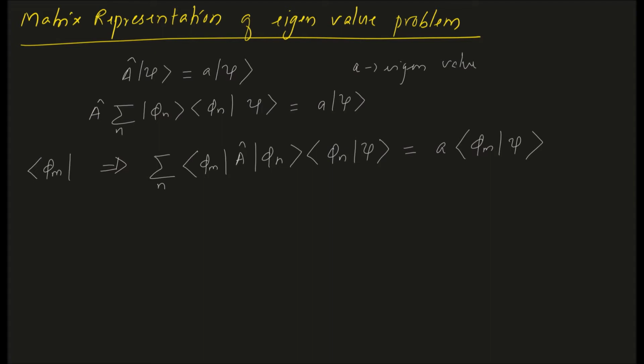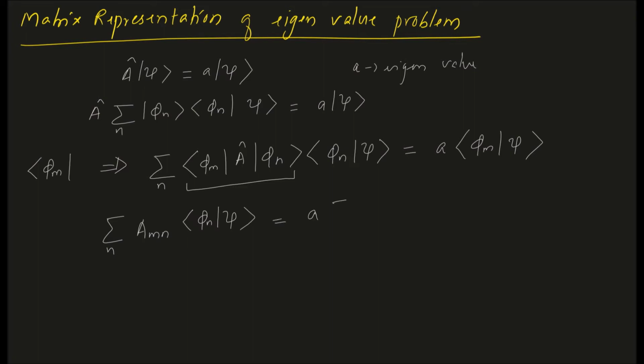Now let's rearrange the terms. This can be written as summation over n. All these terms are given by the matrix element A_mn, right? So this is matrix element A_mn. Then what we have is, bra phi n psi is equal to, now on the right hand side, let's make some trick.